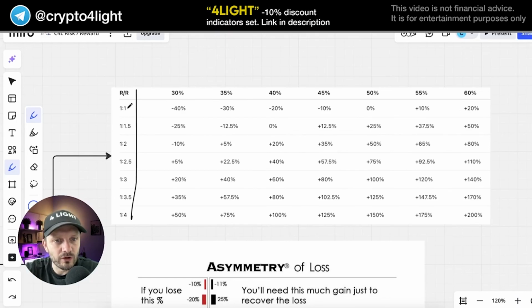You trade a 1-to-1 ratio. Next one, for example, 1-to-1.5 ratio, 1-to-2, 1-to-2.5, 1-to-3, 1-to-4. So let's say on average, if you trade with a risk ratio of 1-to-2, your risk is $100 and you chase a profit of $200. Got it?